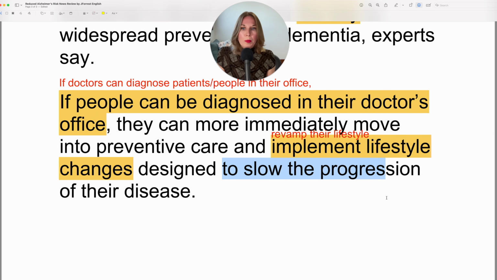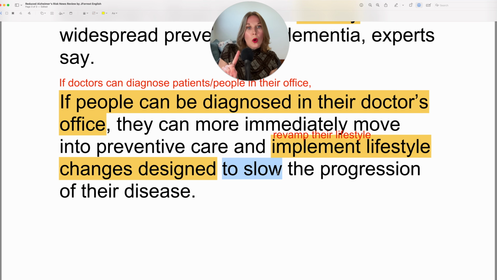to slow the progression of their disease. So this word would have to be replaced as well. It doesn't belong if I wanted to use revamp their lifestyle. Now my next word would be to slow, because this provides the reason why. Why are they revamping their lifestyle? They're doing it in order to slow, but this just represents in order to.